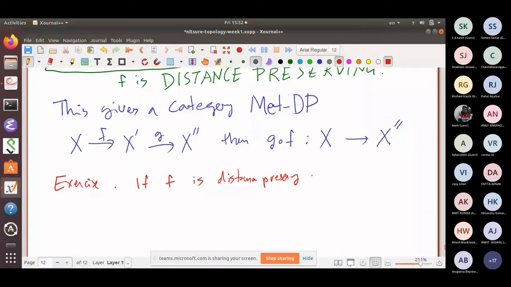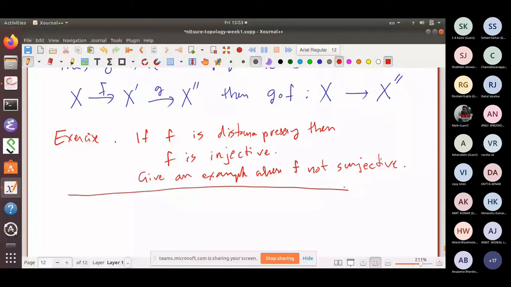Give an example where such an F is not surjective. So all of you must have in your mind thought of a distance preserving map which is not surjective. Trivially true.